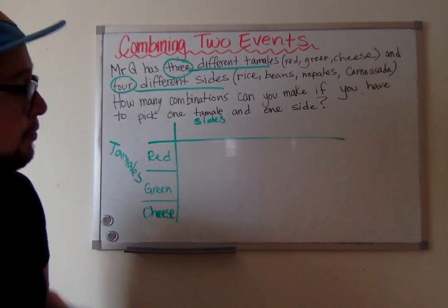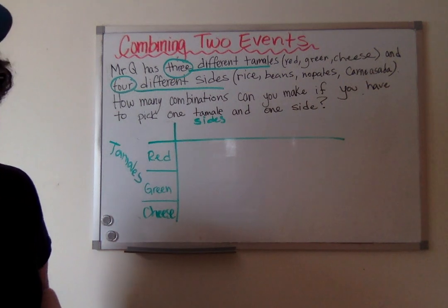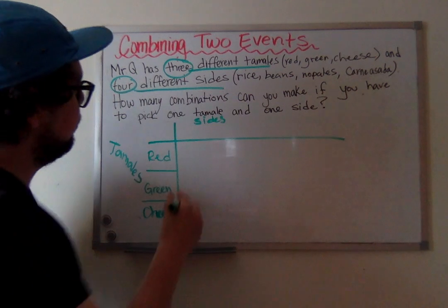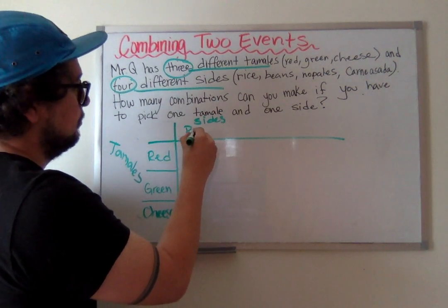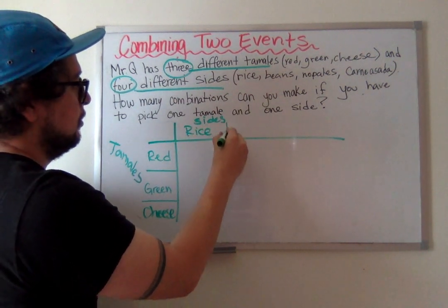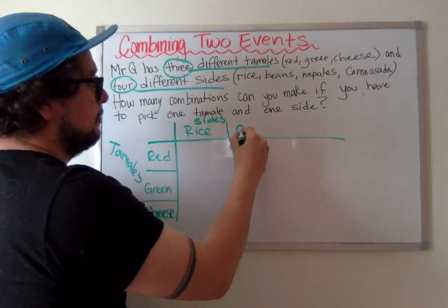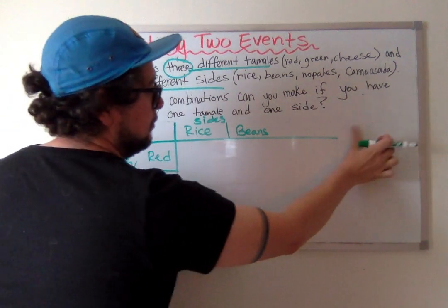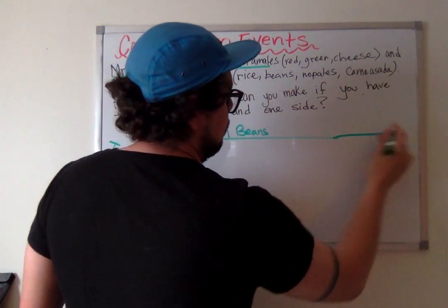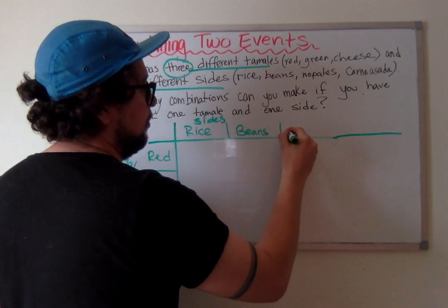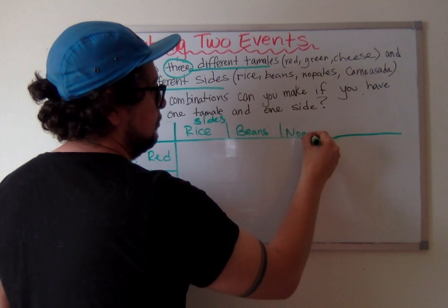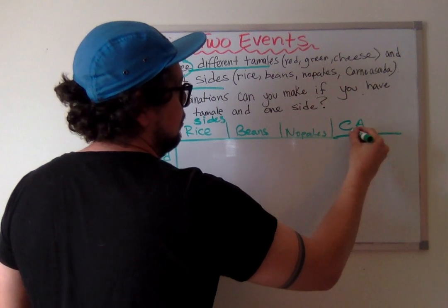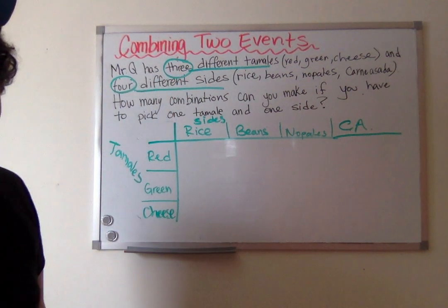Those are my three options for my tamales. For my sides, I can combine it with rice. I can combine it with beans. I can combine it with nopales. And then I'm going to say carne asada. I'm going to put CA for carne asada.